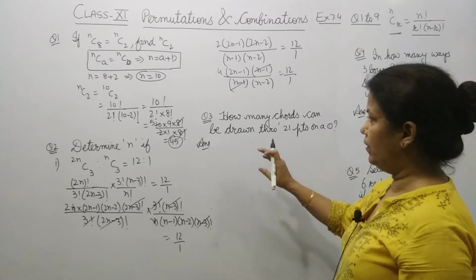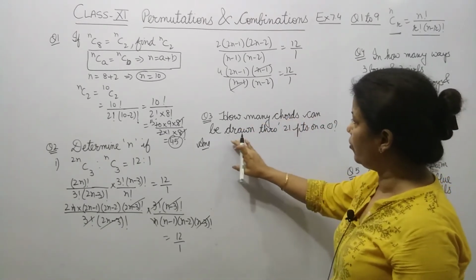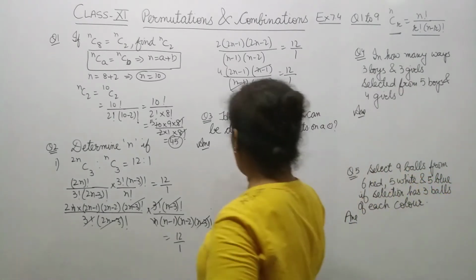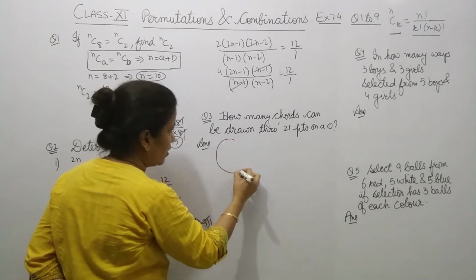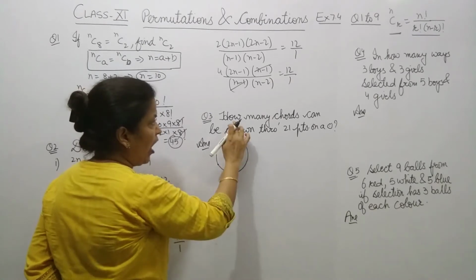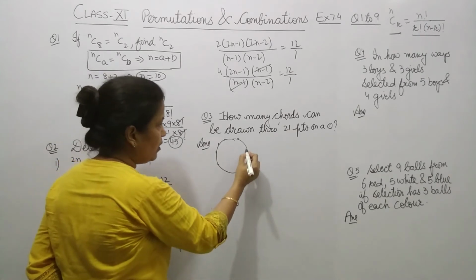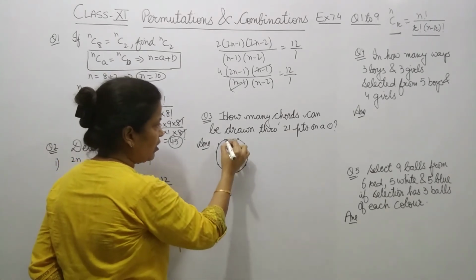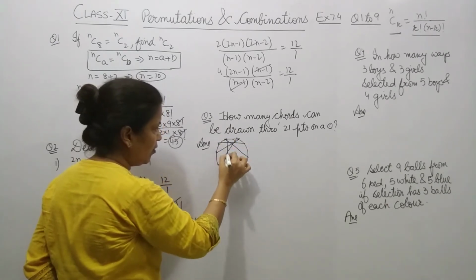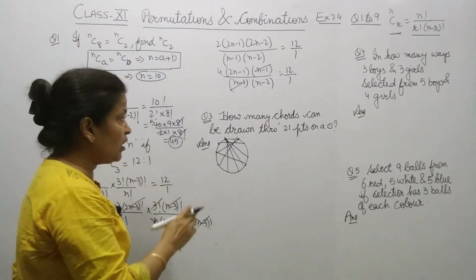Clear? Question third: how many chords can be drawn through 21 points on a circle? Chords are always on the circumference of a circle. So, how many chords can be drawn through these 21 points? If we make a chord like this, how many chords can we make?